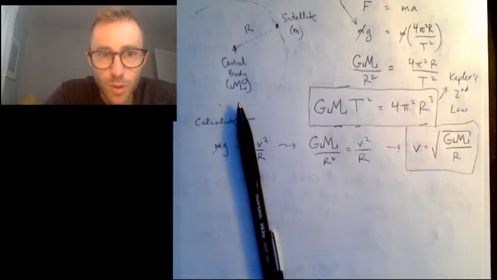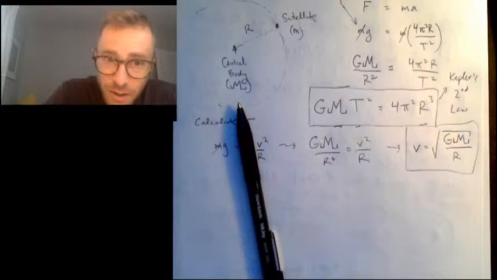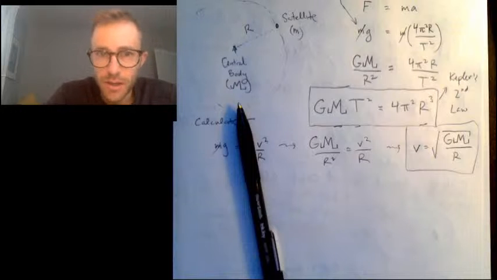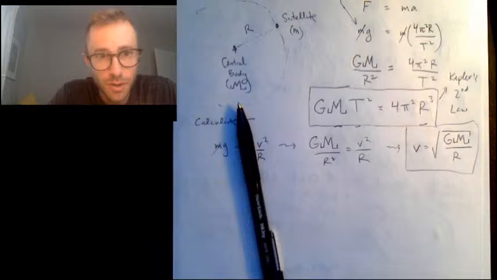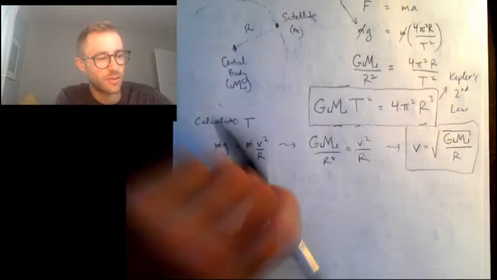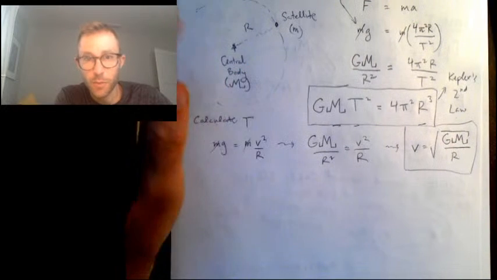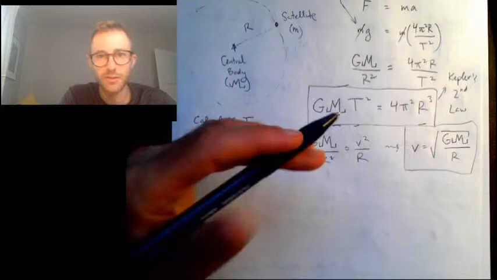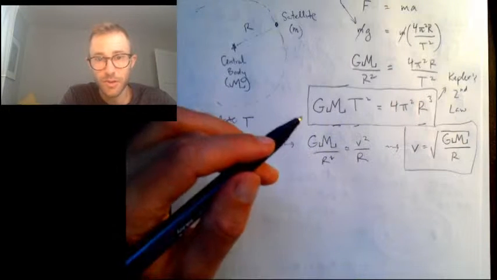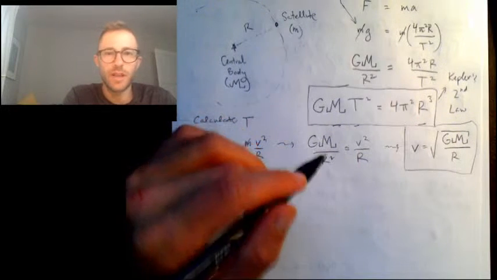What they've done is they've looked at the satellites of the sun, and based on their orbital sizes and their periods, we can determine the mass of the sun. So this equation is basically a scale for stars. It allows us to determine the mass of stars, of planets, with great accuracy. So that's kind of cool.